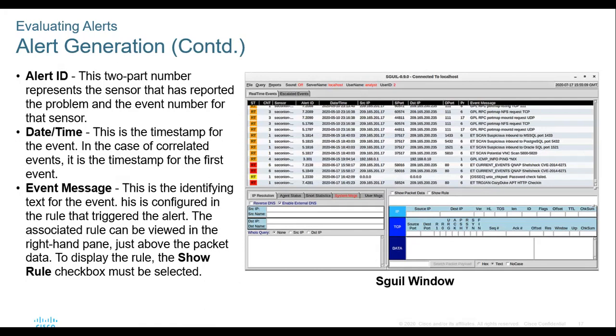The OSSEC sensor has reported 8 sets of correlated events. Of these, 232 have been reported with the ID 1.24, okay?